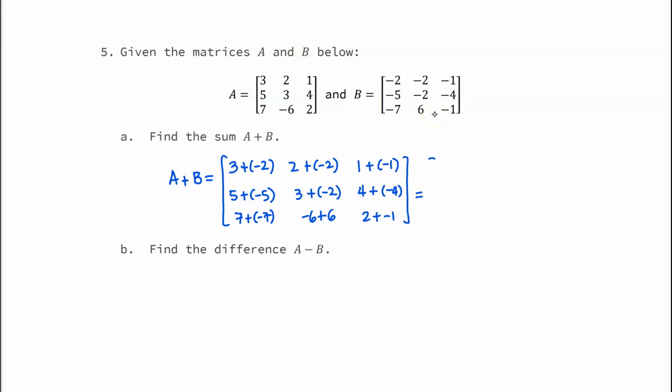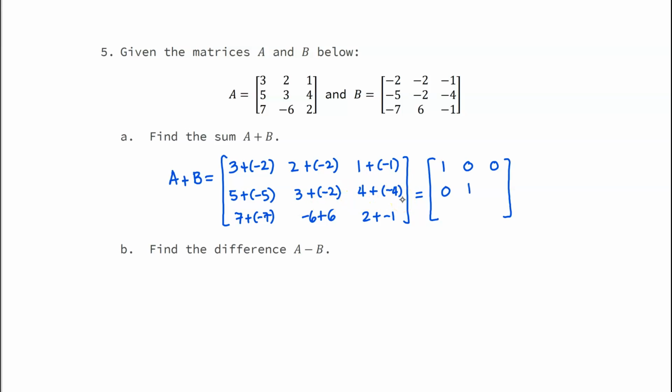And then you simplify. This is equal to 0, and this is also equal to 0. This is 0, this is equal to 1, and this is 0.